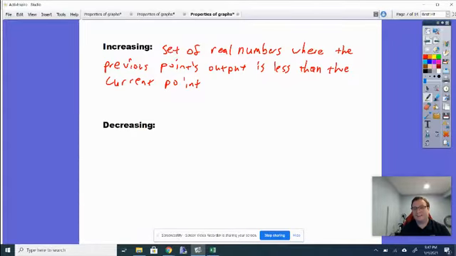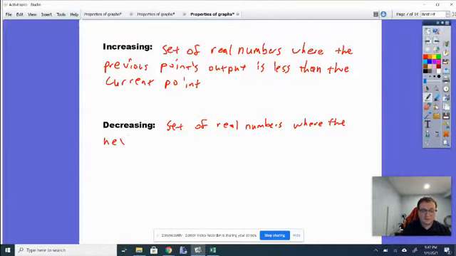I need to be careful, though, when I talk about this in the other direction for decreasing, because it's a set of real numbers. And again, once we get to tangents, we'll come back and rewrite this definition because it's a little bit clearer there. It's a set of real numbers where the next point's output is less than the previous, or current point.